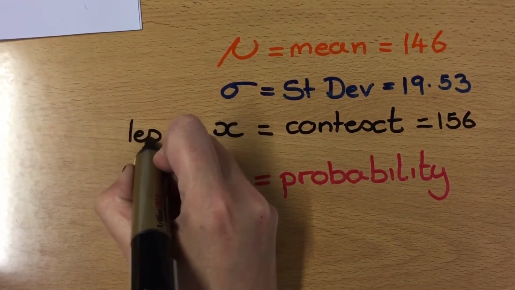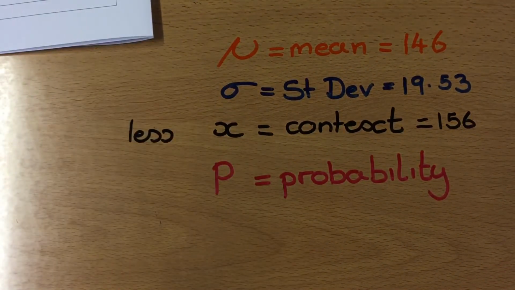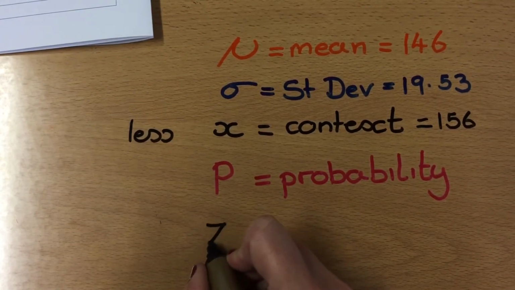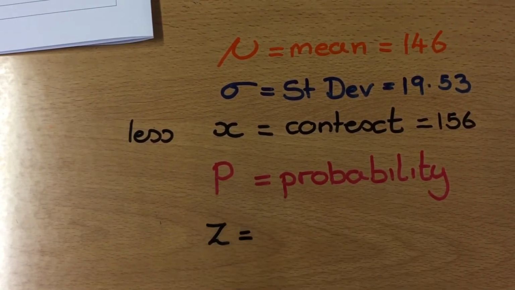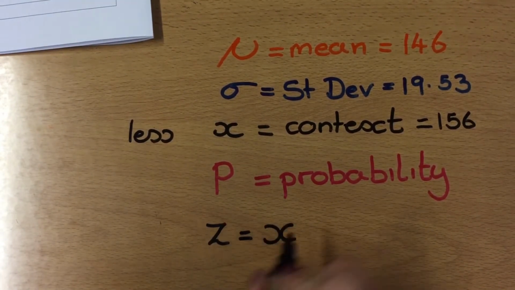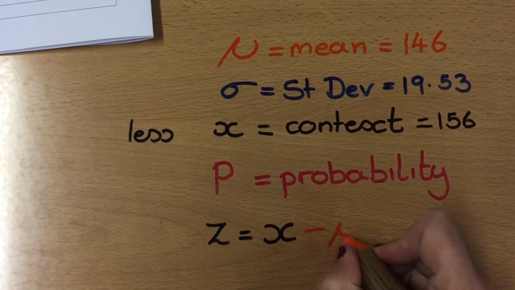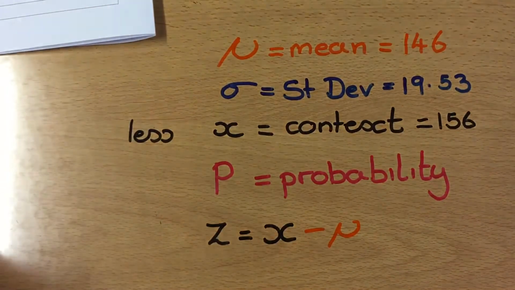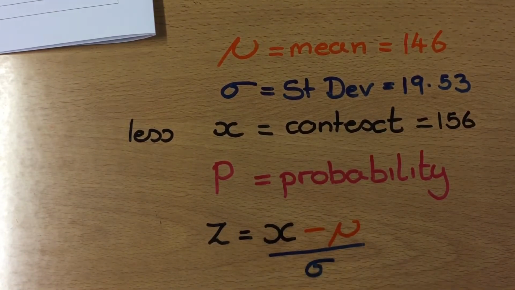We now have to make a decision. This will seem like a slightly strange set of things to have to do, but we need to know what our Z value is. So our Z value equals our X value, take away our mean, and we divide that by our standard deviation.